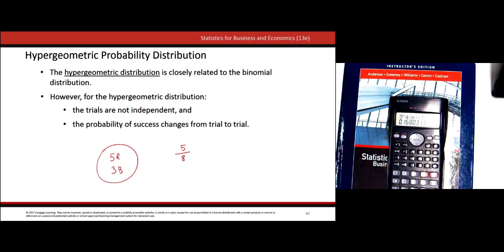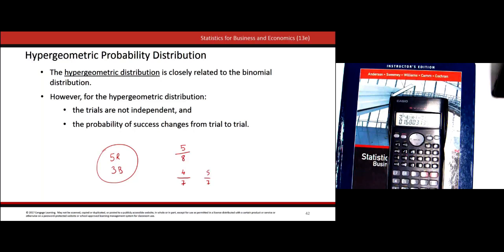But depending on whether this one is red or black, if this is red, now what's the probability of selecting another red ball? Now we have 4 red ones left out of 7. If the first one is black, then what's the probability of selecting the red ball the second time? Then it will be 5/7. So now the probability of success changes.